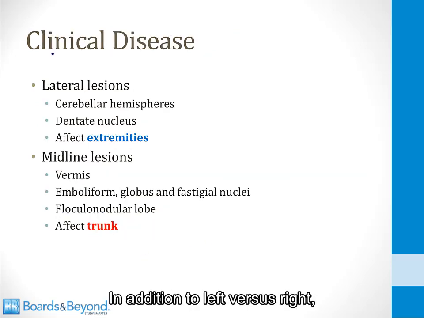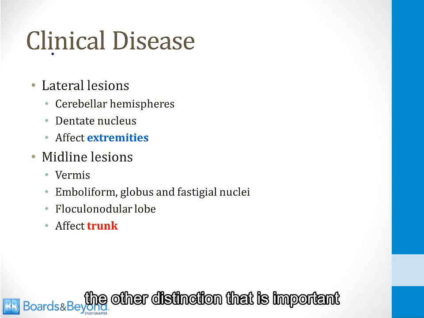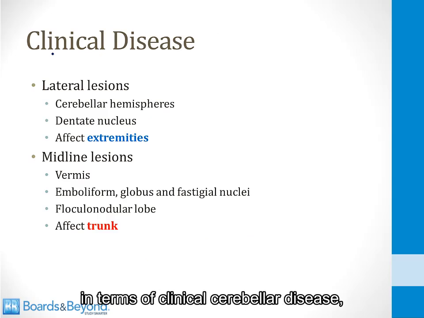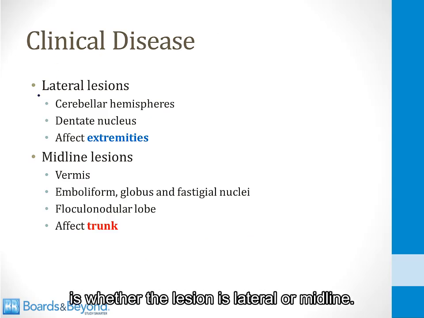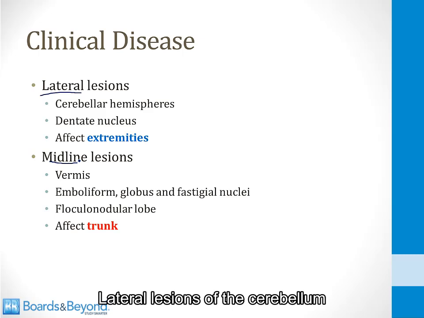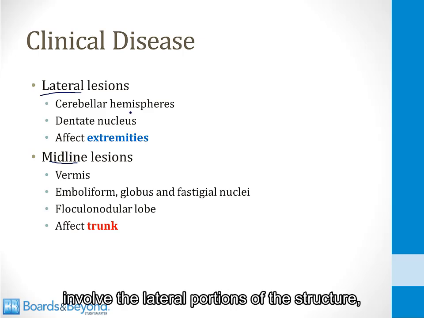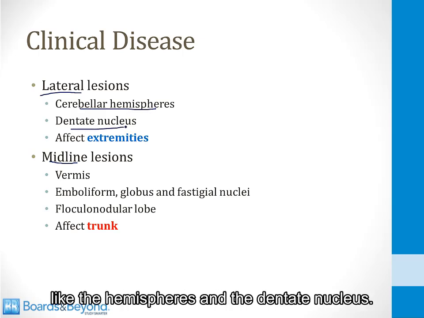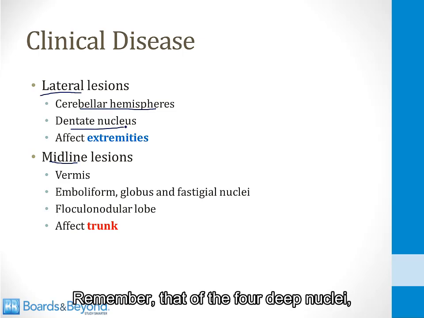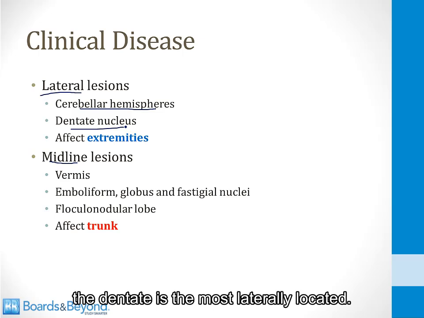In addition to left versus right, the other distinction that is important in terms of clinical cerebellar disease is whether the lesion is lateral or midline. Lateral lesions of the cerebellum involve the lateral portions of the structure, like the hemispheres and the dentate nucleus. Remember that of the four deep nuclei, the dentate is the most laterally located.